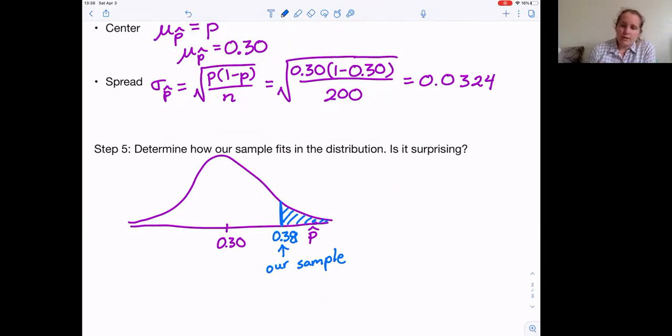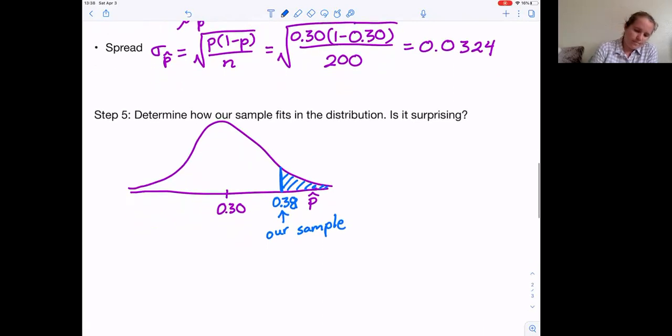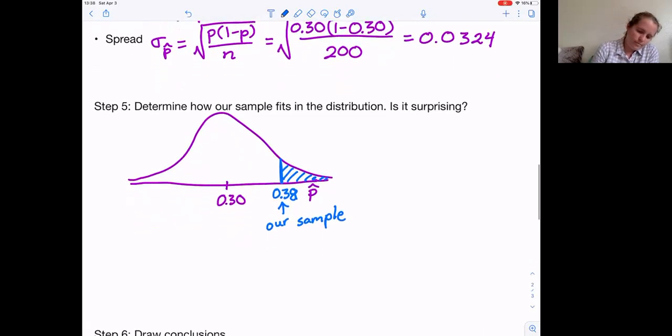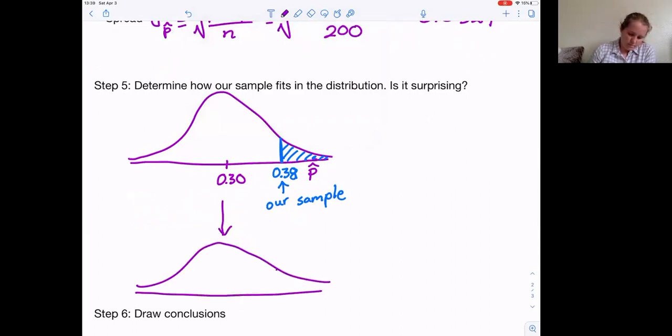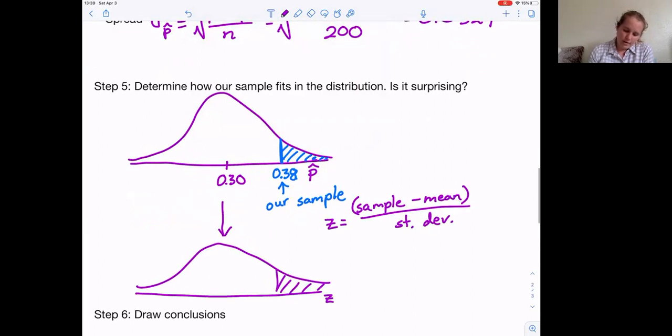From here, we're going to convert this to a z-score. I have the same picture, but with z instead. So z is equal to essentially our sample minus the mean, divided by the standard deviation. Our sample we had was 0.38.